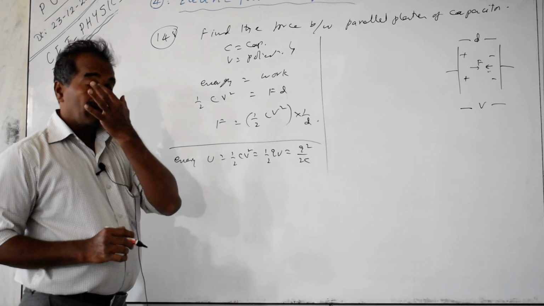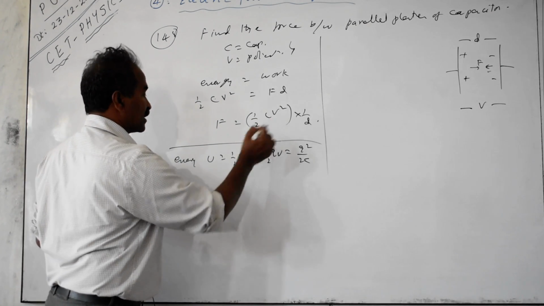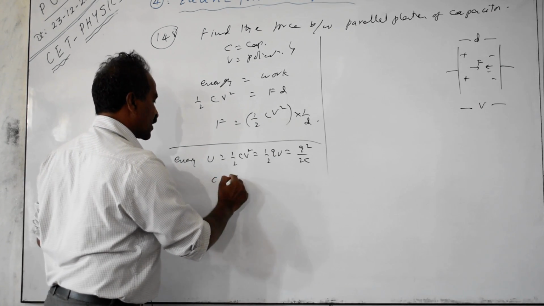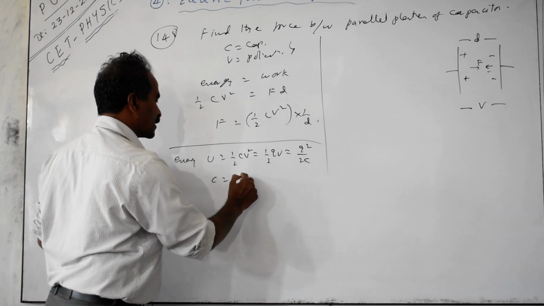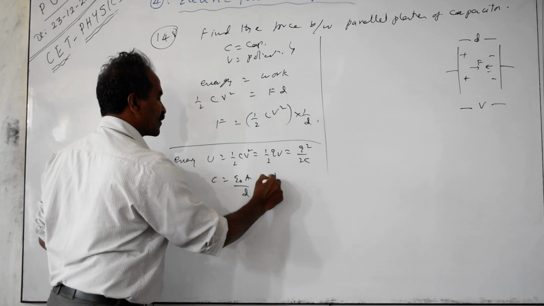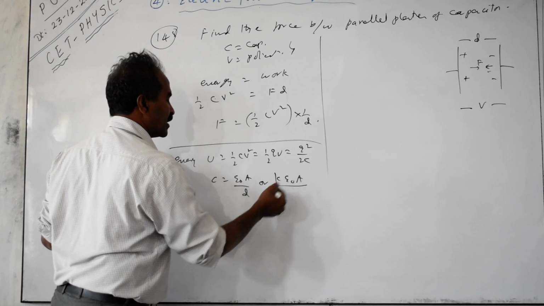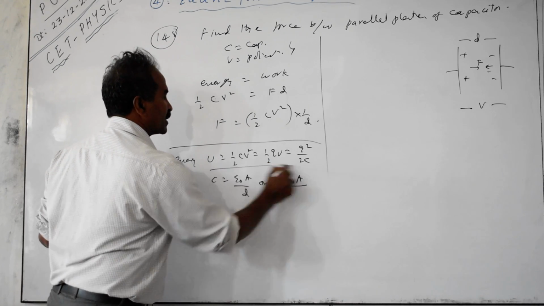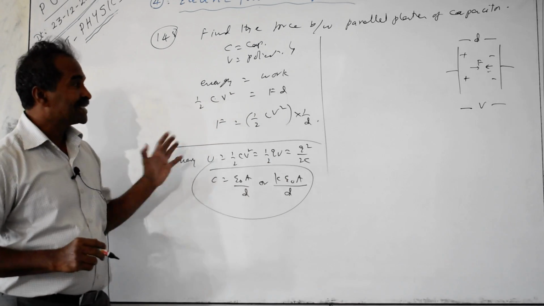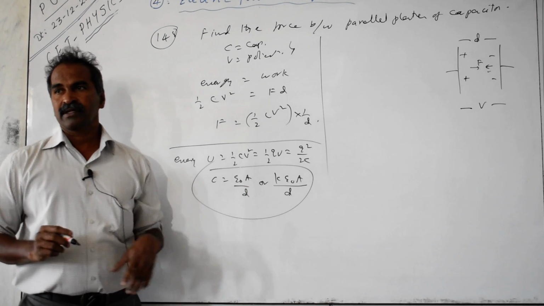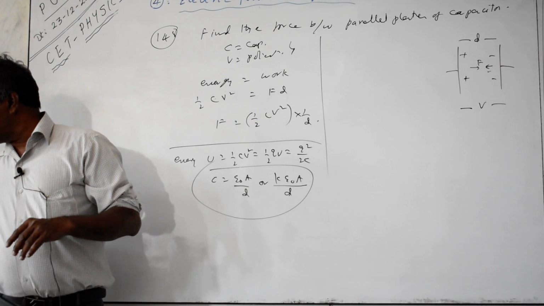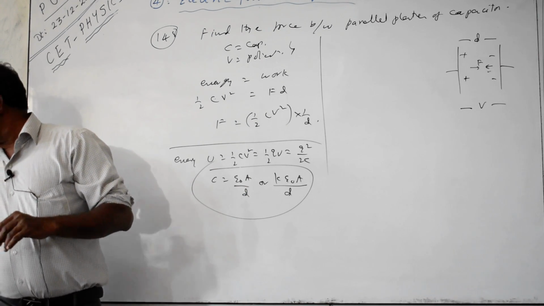Sometimes they give D terms, meaning C is equal to K into epsilon naught A by D if a dielectric is given. This may also need to be replaced. That means if they don't give C, you must be able to make these term modifications. Next is 149.